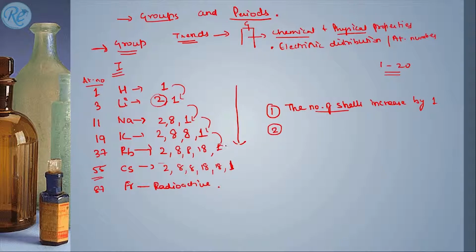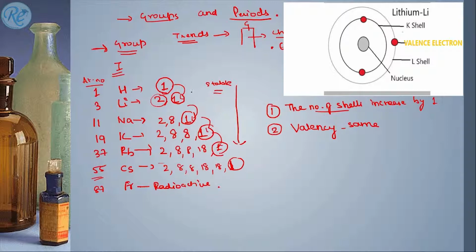Second thing you can find is, if you remember what is valency, all of them need to lose 1 electron to become stable or to attain octet. That means their valency is the same. That is, the number of electrons in the outermost shell is the same for all of them.